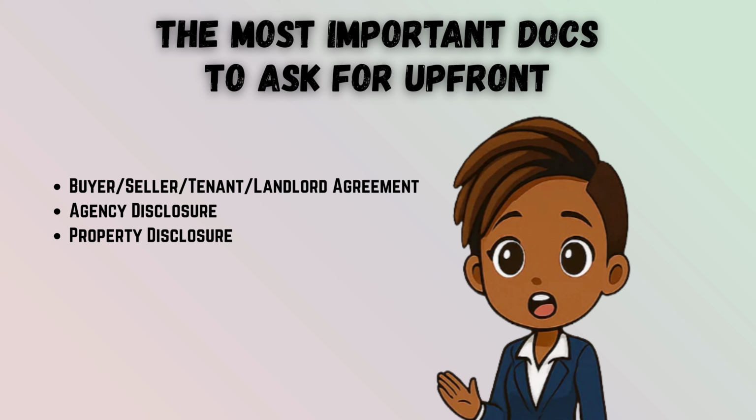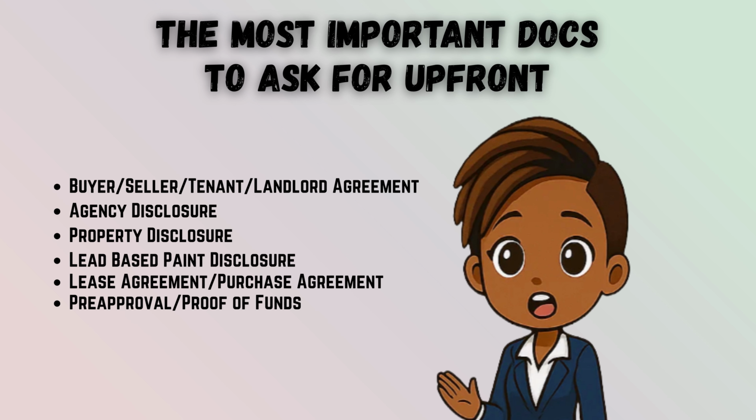If the home was built before 1978, the lead-based paint disclosure is required by federal law. The purchase agreement or lease agreement outlines all the terms of the deal, from price and dates to deposits and conditions. You'll also need a lender pre-approval letter or proof of funds to show the buyer is financially ready to move forward. And finally, a comparative market analysis, or CMA, helps support the pricing strategy.